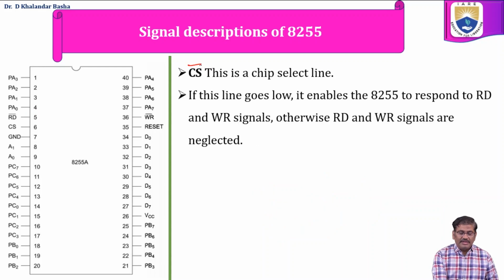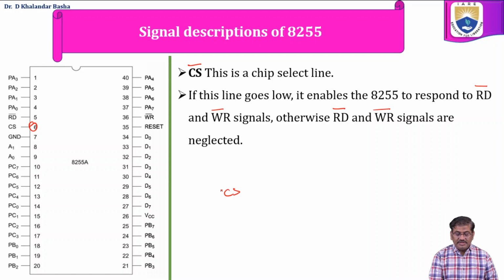Next we have the chip select line. The chip select line is an active low signal. So whenever this chip select line is active low, it enables 8255 to respond to read signals and write signals. Otherwise, the read signals and write signals will be neglected.